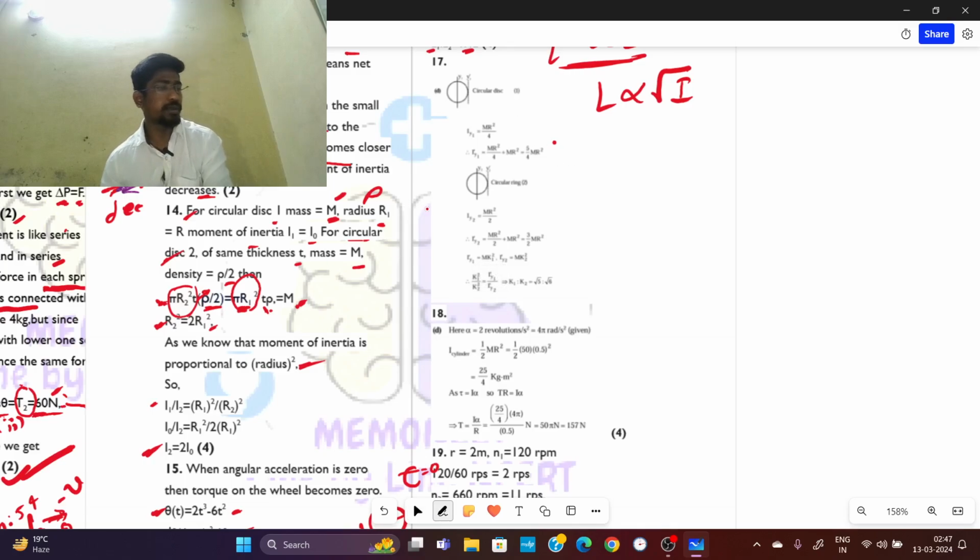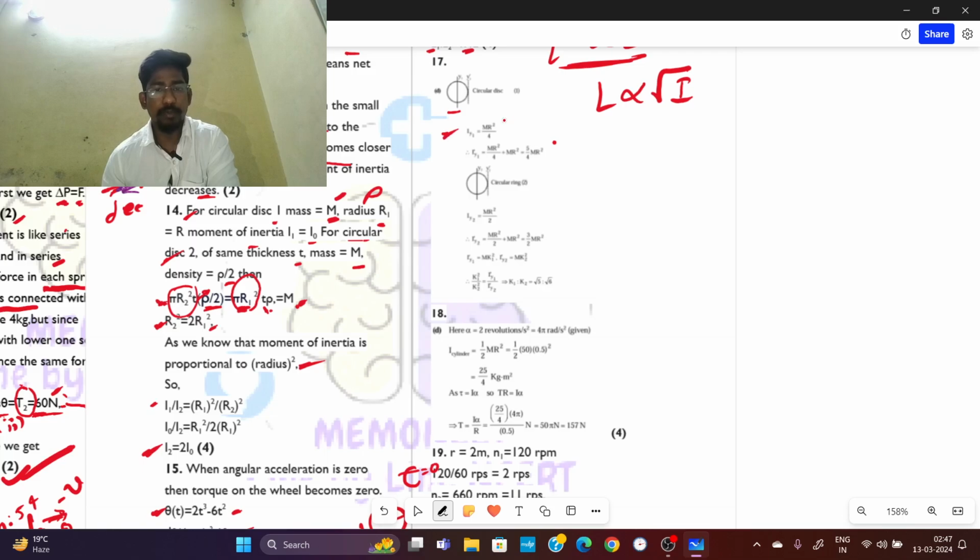Now moving on to the next question, question number 17. The ratio of radius of gyration of a circular disk about a tangential axis in the plane of the disk, and a circular ring of the same radius about a tangential axis in the same plane.